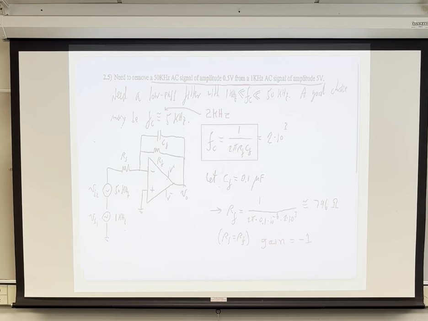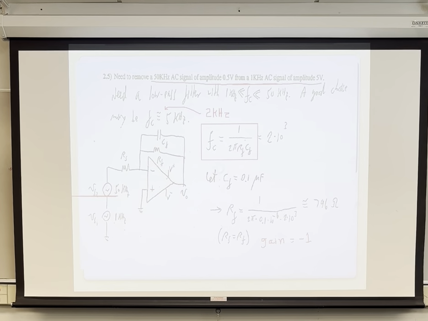That's the only information that's given. So design the filter. The schematic is not given, so you'll need to memorize the schematic for a low-pass filter. Here's the schematic. The way this is drawn, it's a 50 kilohertz input and a 1 kilohertz input. The desired signal is 1 kilohertz.